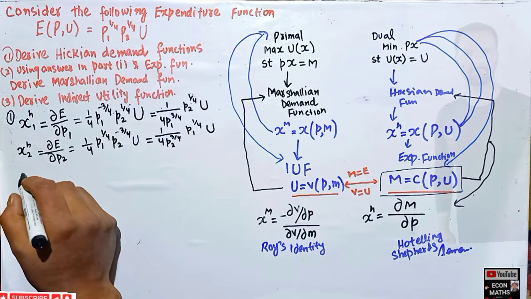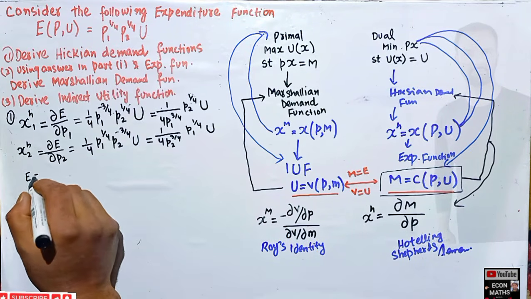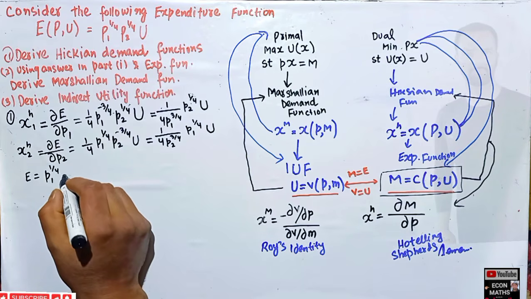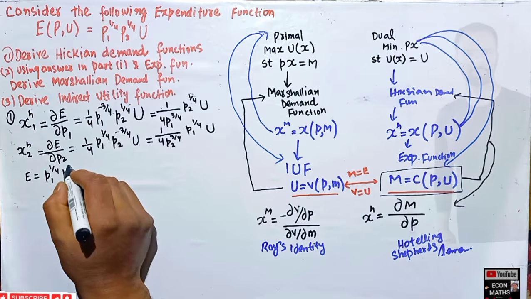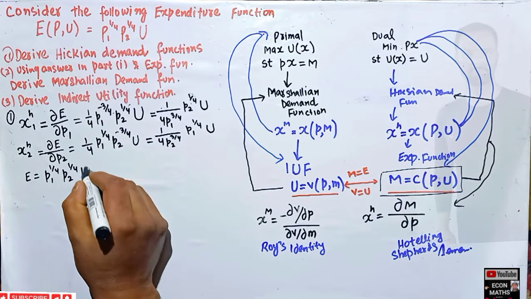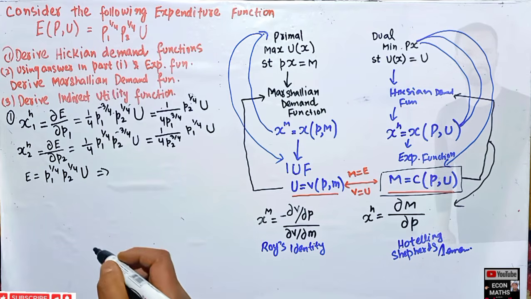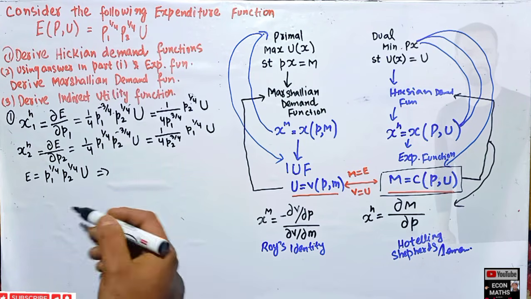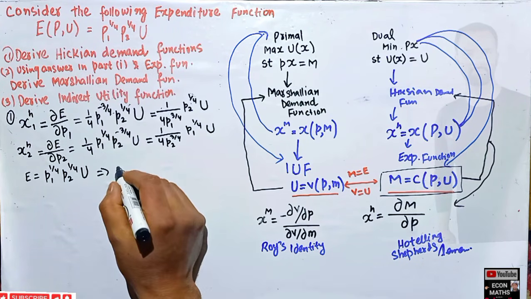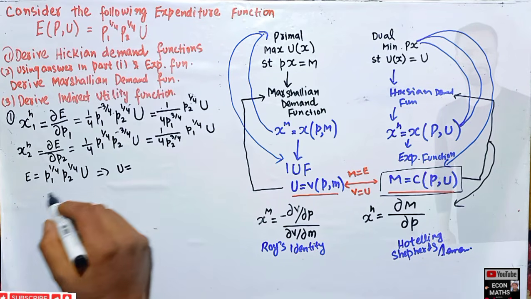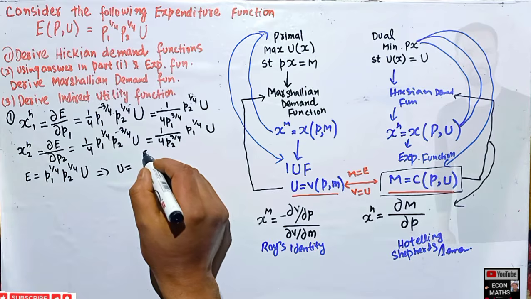Okay, so we are being given e is equal to p1 raised to the power 1/4 times p2 raised to the power 1/4 times u. To get the indirect utility function from this, we will solve this for u. So u is equal to, if we transpose this, e divided by p1 raised to the power 1/4 and p2 raised to the power 1/4.